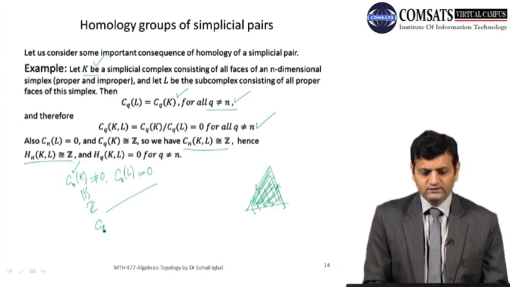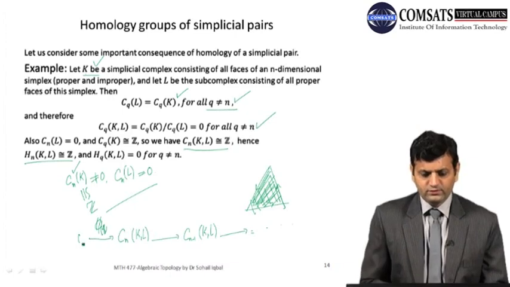So why this result? Because starting from Cn(K,L) going to Cn minus 1 (K,L) and so on, all the other elements are 0. So we can ask what is Hn(K,L). In other words, what is Zn(K,L) quotient with Bn(K,L)? So what is Bn(K,L)?